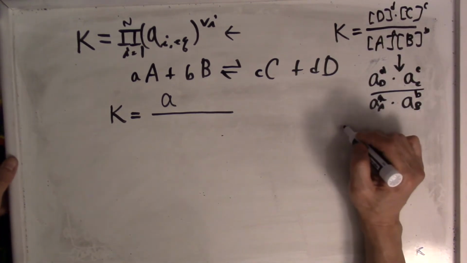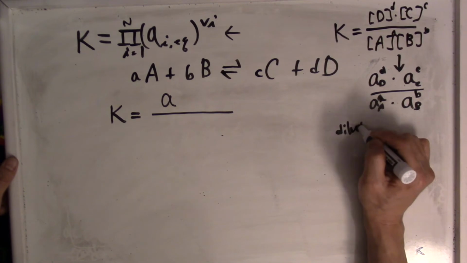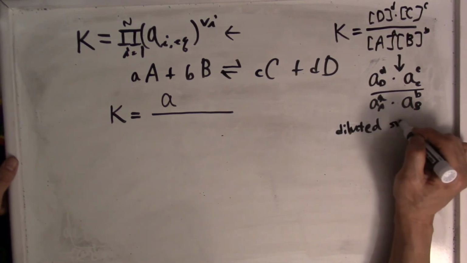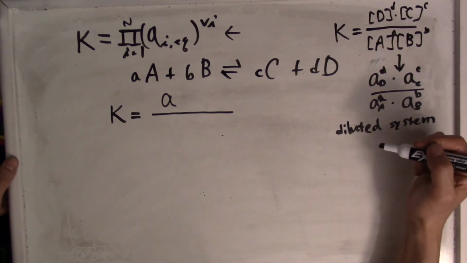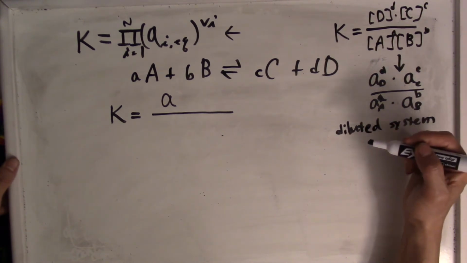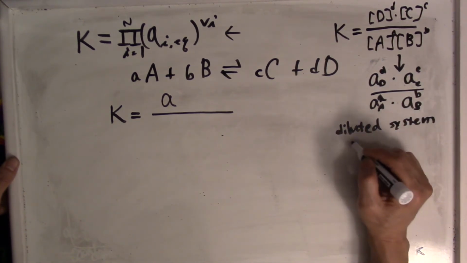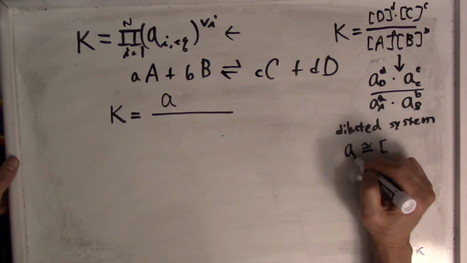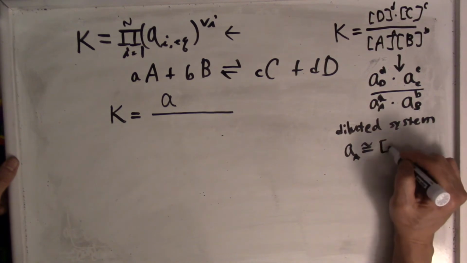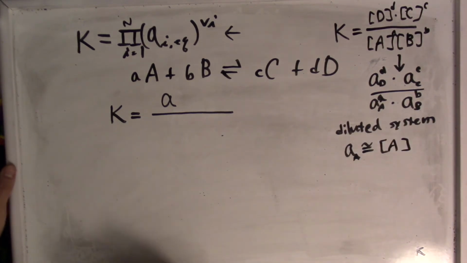Because for a diluted system, which means the solute is not much and the solvent is predominant, activity is almost the same as the concentration. The activity of species A is almost the same as its concentration for a diluted system.